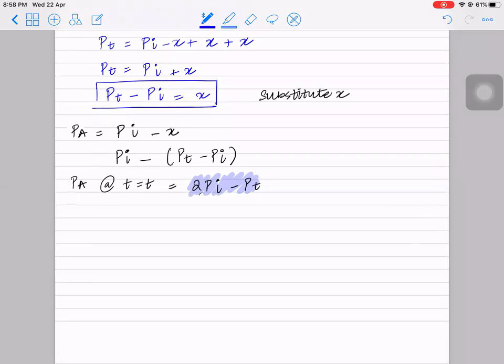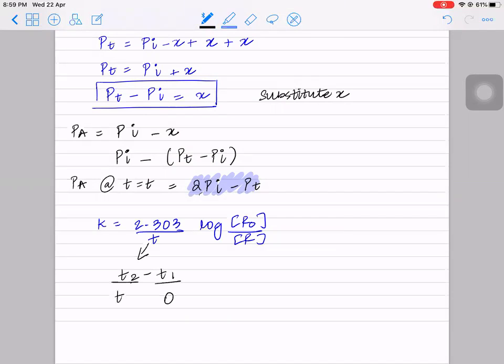So I can go back to that formula that we had, which was K is equal to 2.303 upon t log R naught upon R. But instead of concentration R naught and R, this time I will be using what? 2.303 upon t, where t is t2 minus t1, where t2 is time t and t1 is 0. So technically it is t, so I don't really have to put t2 minus t1.